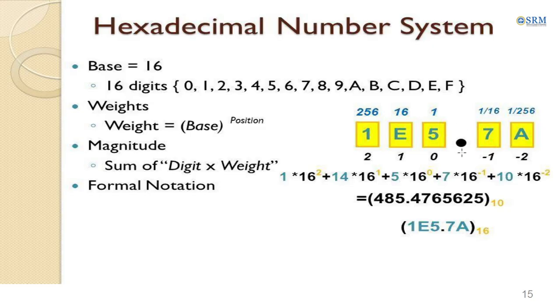From the Mantissa, if we move toward the right side, this is the position -1, this is the position -2, so accordingly 1 by 16 and 1 by 256 are the weights. So these are the weights of the hexadecimal digits given over here. When we multiply them, 1 multiplied by 16 raised to 2, 14 multiplied by 16 raised to 1.